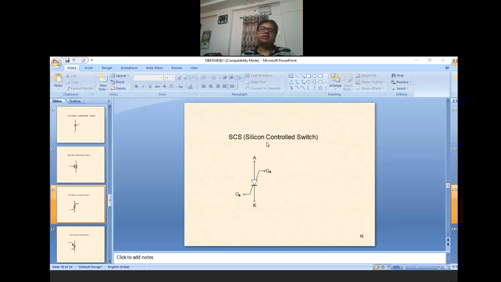But the silicon controlled switch, SCS, by providing another gate towards the anode, you can make the same thing to conduct in both the directions, but identical characteristics may not be obtained in forward and reverse directions. There will be some difference between them, but it can be used in both the directions and also by the gate control you can turn it on.